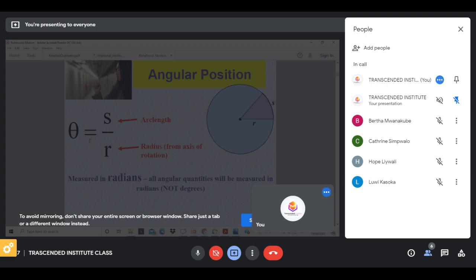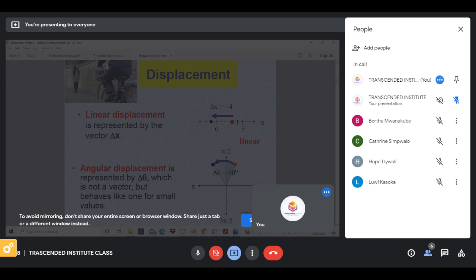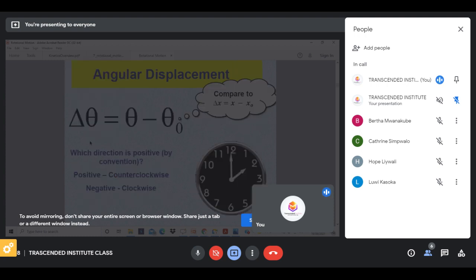And this angle is always going to be measured in radians. We're trying to demonstrate that.